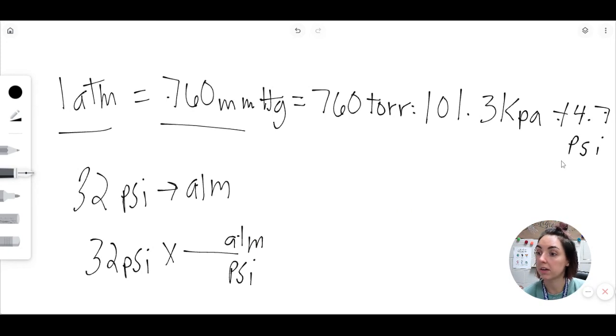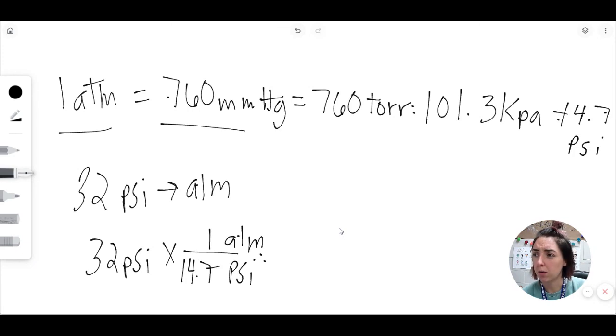And I know from over here that 14.7 PSI is equal to 1 atmosphere. So I have really quickly set up my conversion. I can put that in my calculator and solve my problems. I'm just going to give you the setup. I'll let you do the calculation on your own.